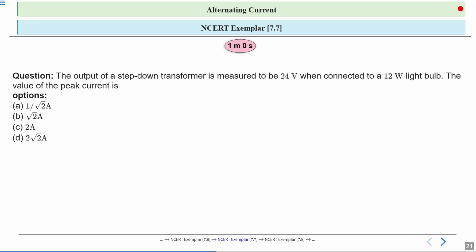Options are 1 by root 2 ampere, root 2 ampere, 2 ampere, 2 into root 2 ampere. Output voltage is given, and with this output voltage we are operating a 12 watt light bulb. So what is the peak current flowing through that light bulb? You have to calculate. I will give you some time to think about it.